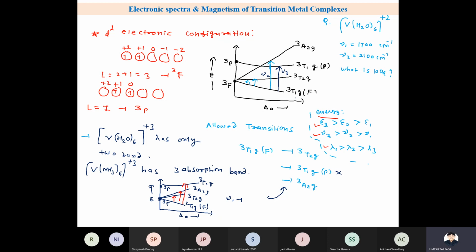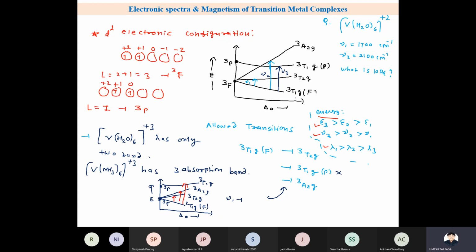And overlapping is taking place in the case of D2 system is concerned. So because of the overlapping, one transition is not observed. T1G वो between इन दोनों के केस में आ जाएगी.